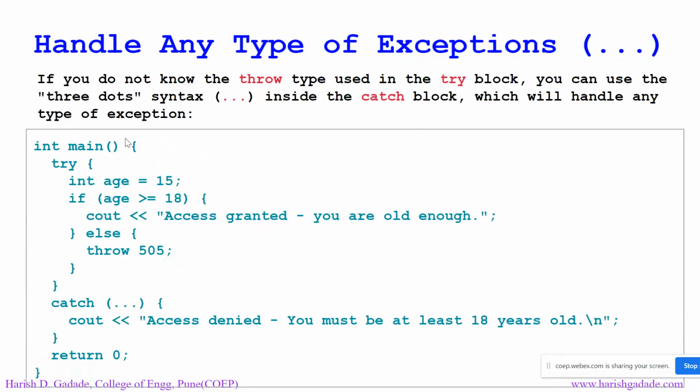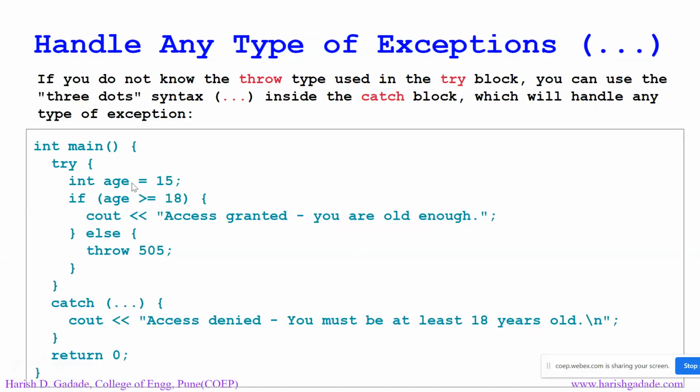So here you can see the same program we have written. In the try block, I just gave this reference, a memory address, and I don't know which type it actually is. So the type will be automatically considered, and this will be printed, right?